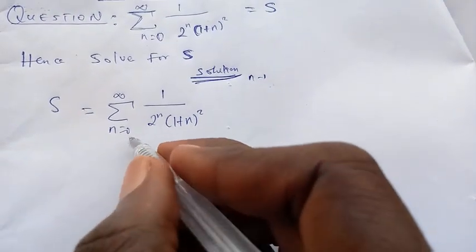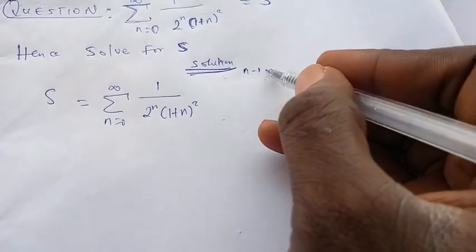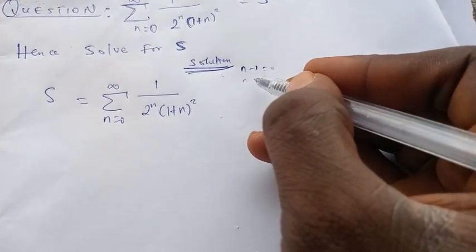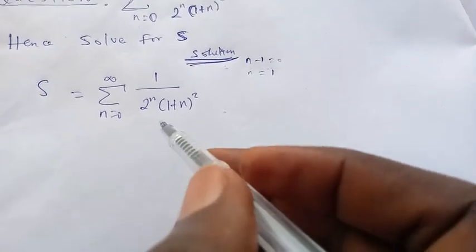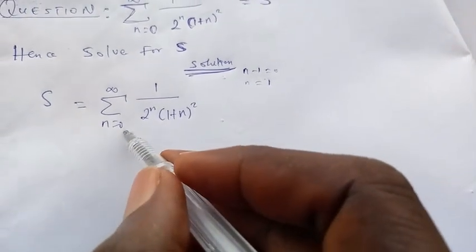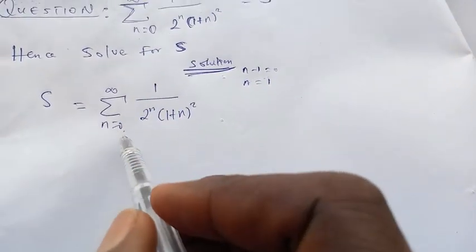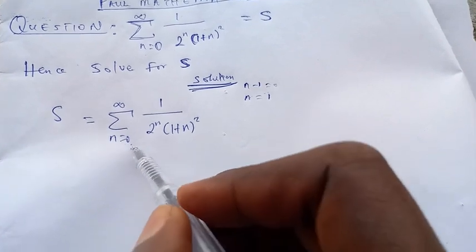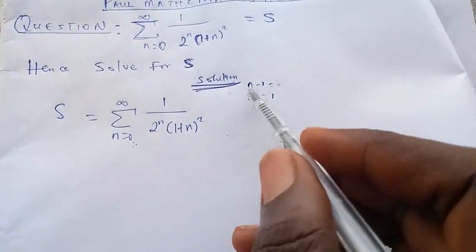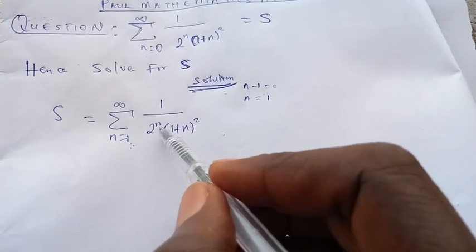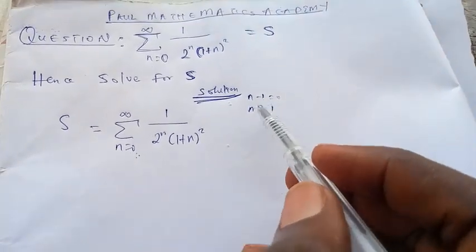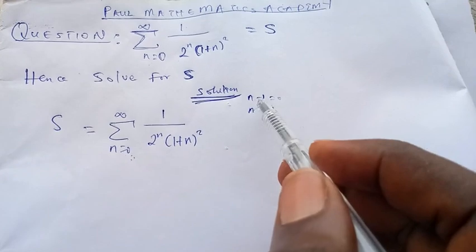Now, for n minus 1 to be equal to 0, the value of n here will be 1. So n will start from 1, not 0 again. And then this n here will now be n minus 1, not n again. That's what we mean by shifting a series by n minus 1.